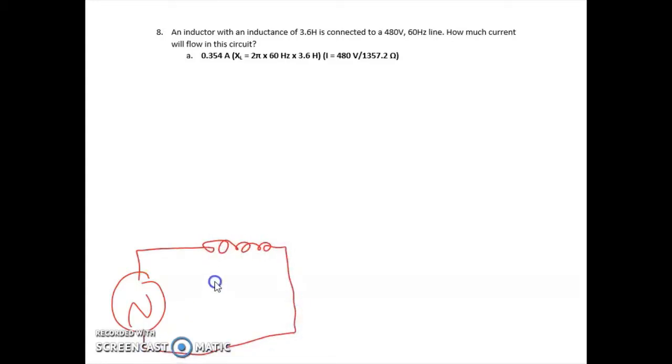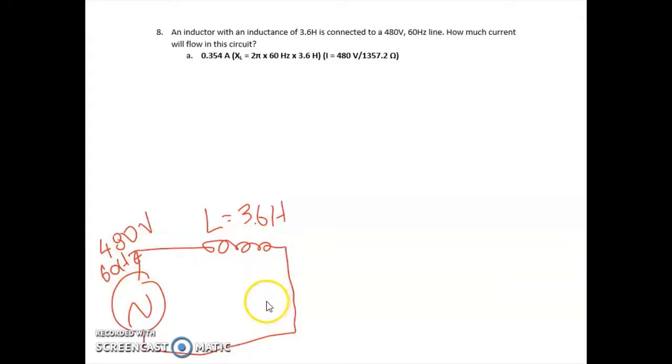Number 8, I'm just going to go straight to the circuit here. So L equals 3.6 henry. We have 480 volts, 60 hertz.